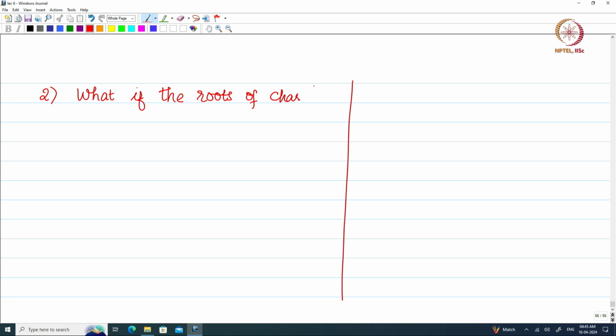So the second question that we ask is, what happens if the roots of the characteristic equation of a 2 by 2 matrix A are repeated?